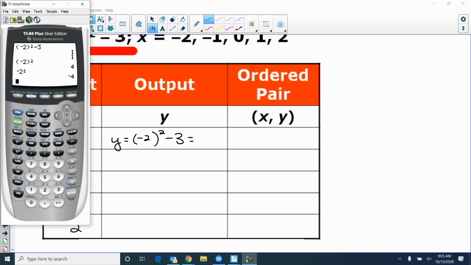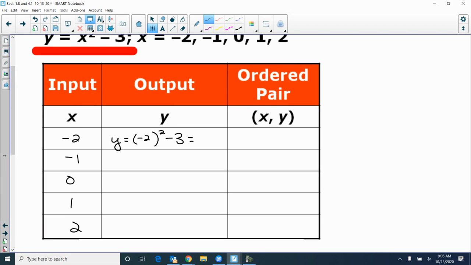Do you have to use parentheses? Yes, because you're squaring a negative number. If you don't, it'll give you the wrong value. So that's going to be +1. So you need to have -2, 1 as that xy. Put a 1 under the y column. Let's make sure you have the point -2, 1.